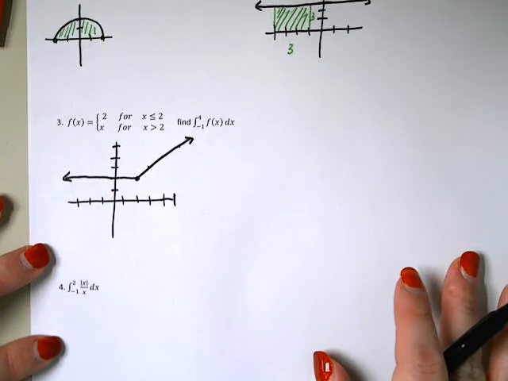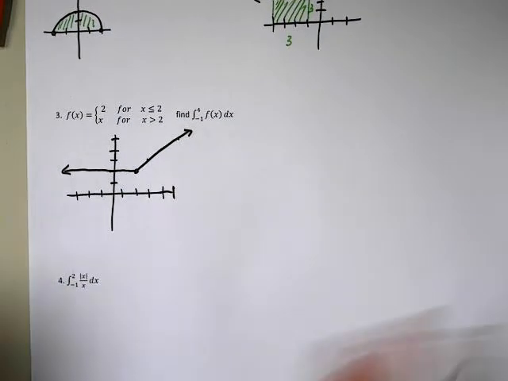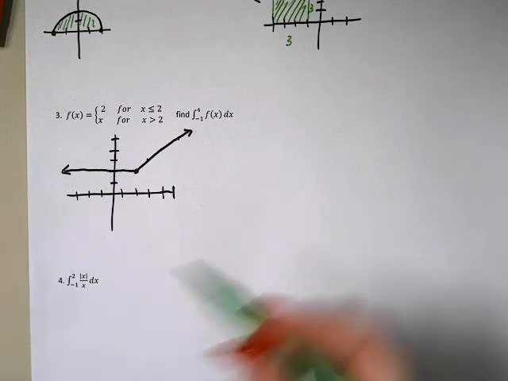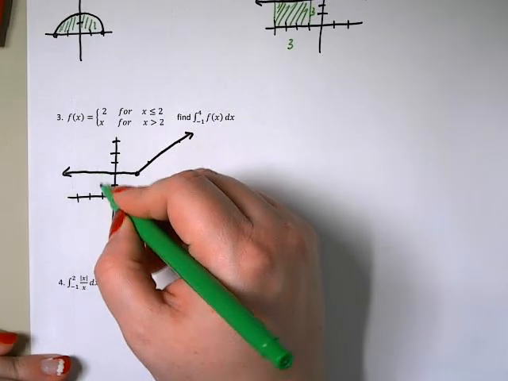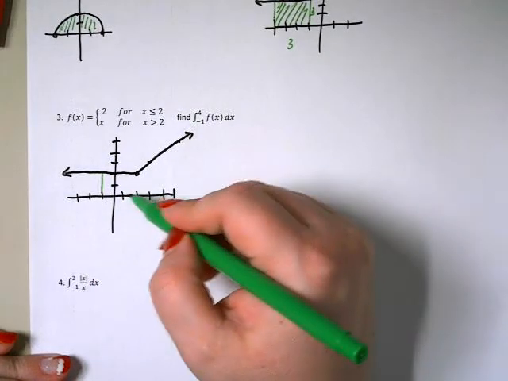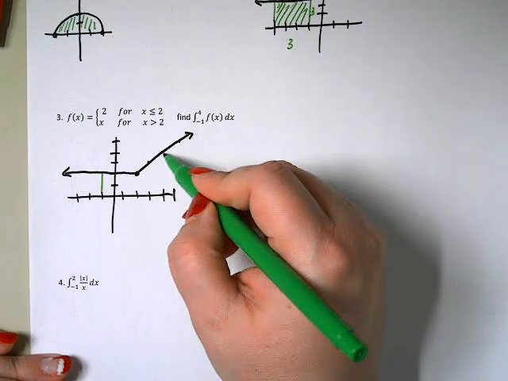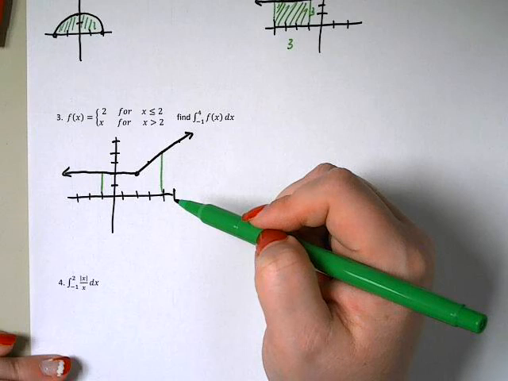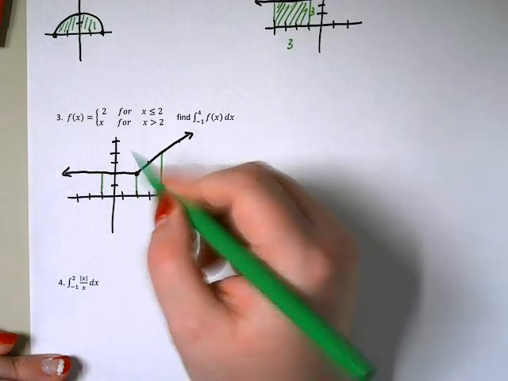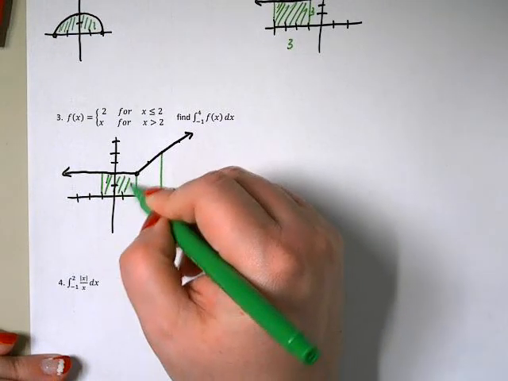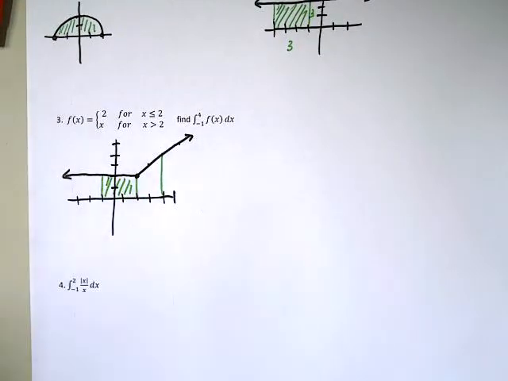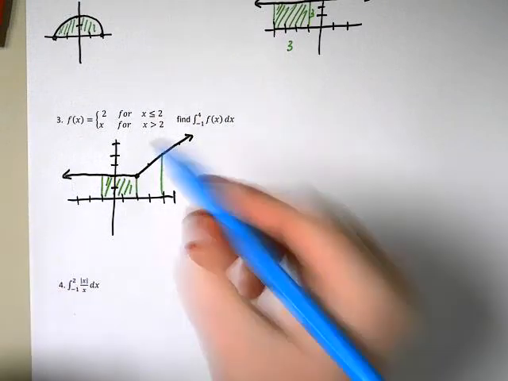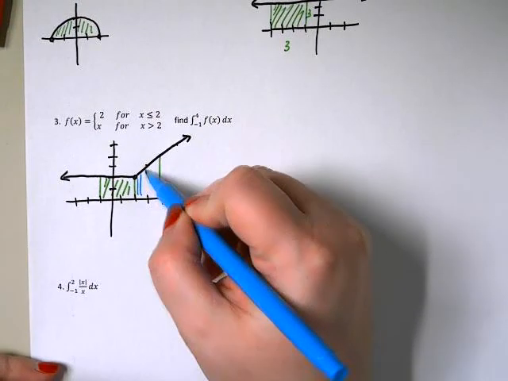Alright, so for this one, we're going to kind of do it in pieces here, because we're going from -1 to 4. So -1 is right here, and then 1, 2, 3, 4 gets us to here. So we want this whole area, but what I'm going to do is actually stop it here, and I'm going to do this rectangle, but then I'm also going to do this figure here, which is actually a trapezoid.